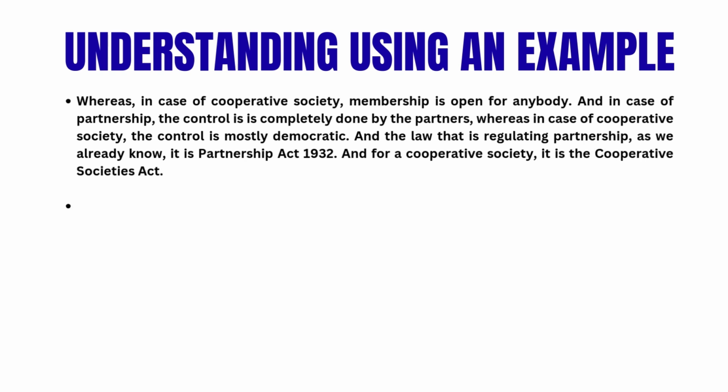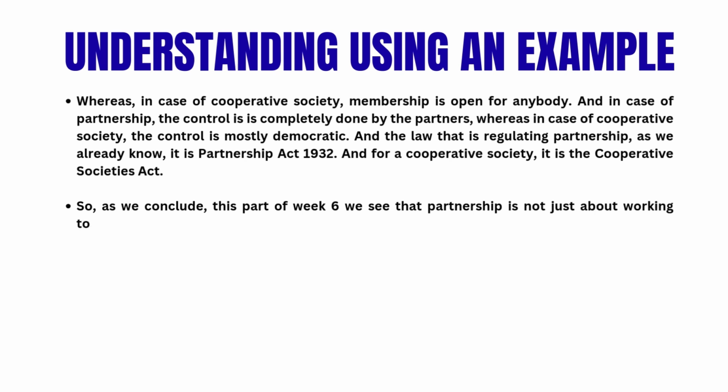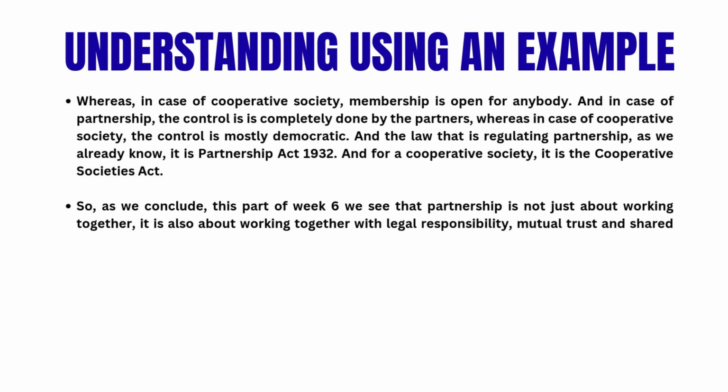So as we conclude this part of week 6, we see that partnership is not just about working together, it is also about working together with legal responsibility, mutual trust, and shared authority.